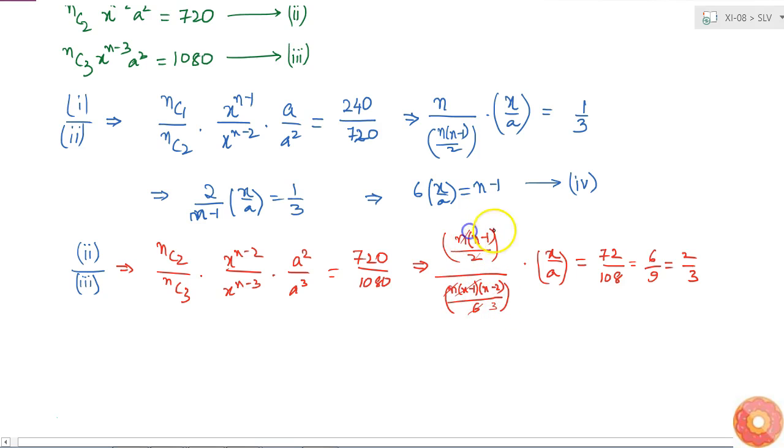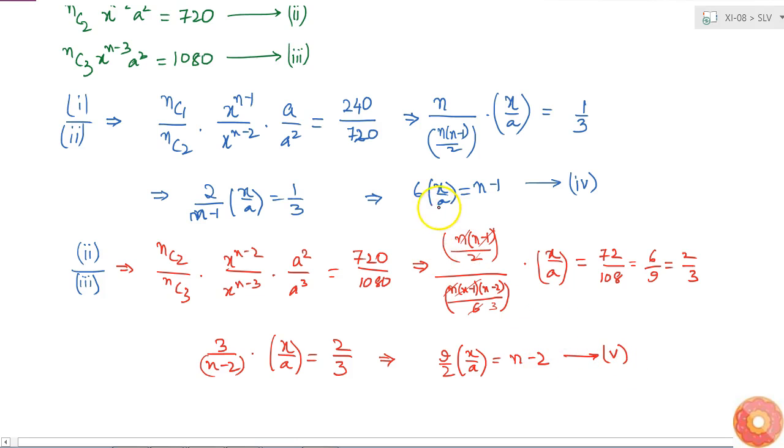So if I cancel all these terms, what will I get? 3 by (n-2) into x by a is equal to 2 by 3, or this I can also write as 9 by 2 times of x by a is equal to n minus 2, correct? So this will be my fifth equation. I have my fourth equation like this and my fifth equation like this.